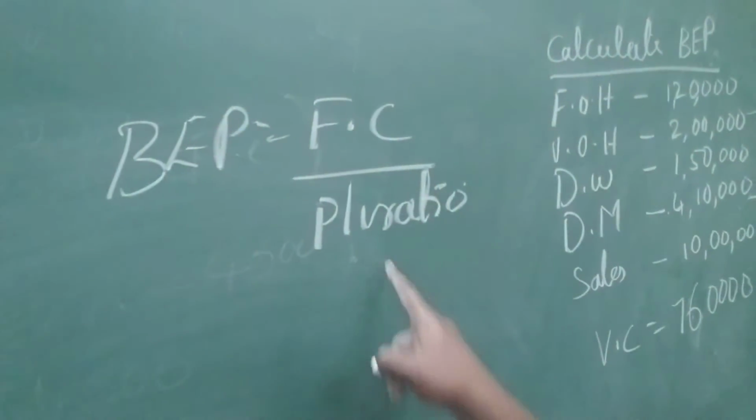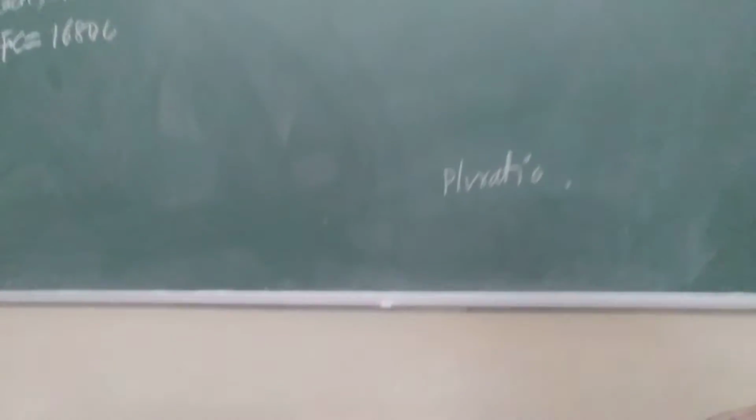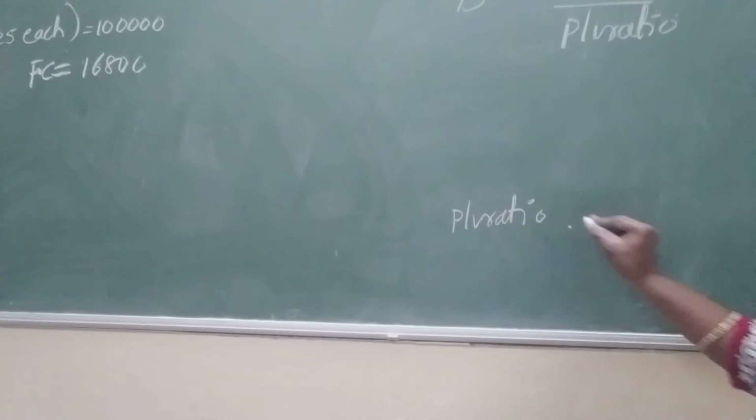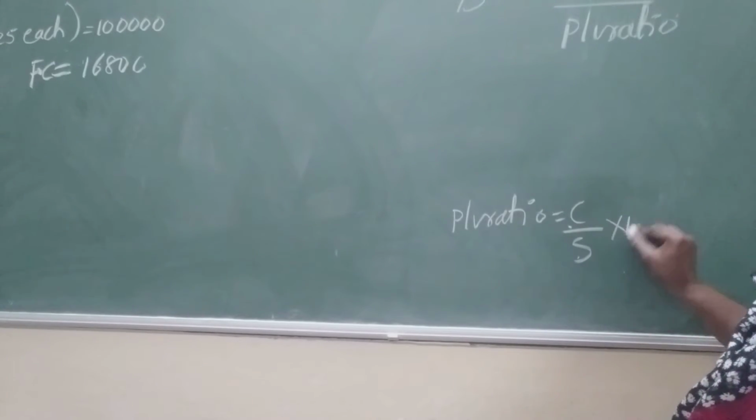Why? For calculating BEP, we want PV ratio. So I am calculating PV ratio here. You are able to see, I think. PV ratio formula is equal to C by S into 100.